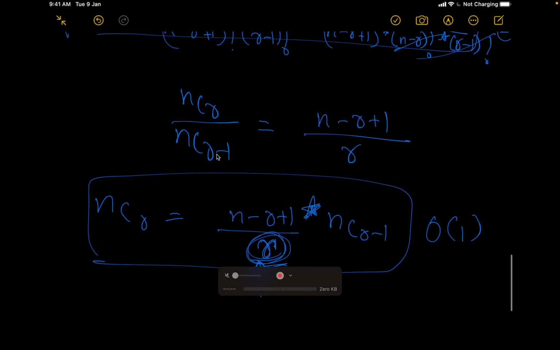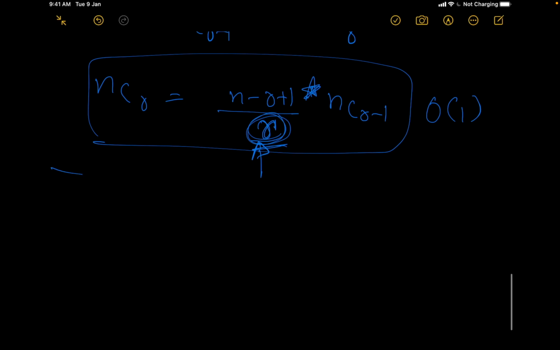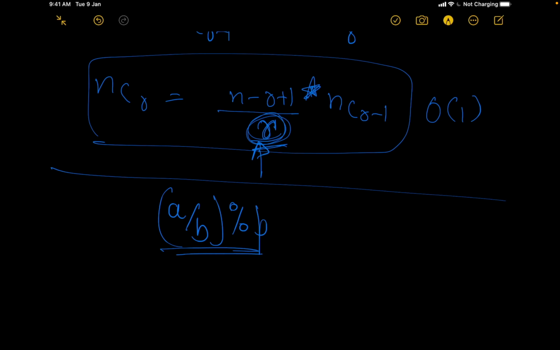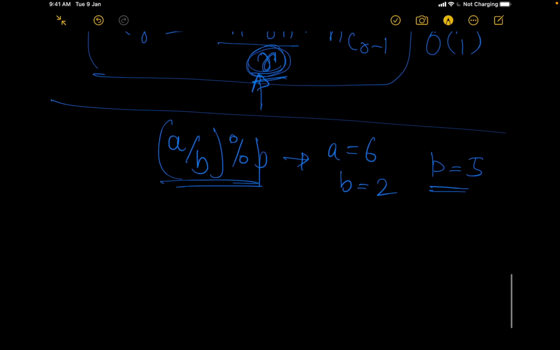Now the reason for this is also well known and pretty trivial, but still I'll go through it if you guys don't know it. Let's say we are trying to compute a divided by b modulo p. For example, let's say a is 6, b is 2, p could be 5, right? So a divided by b is 3, and modulo 5 is basically 3.